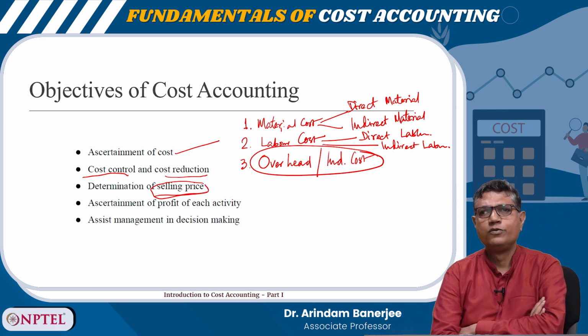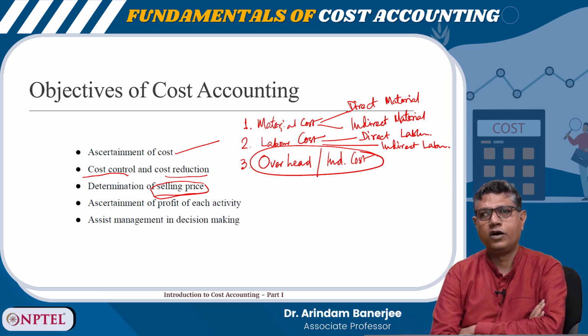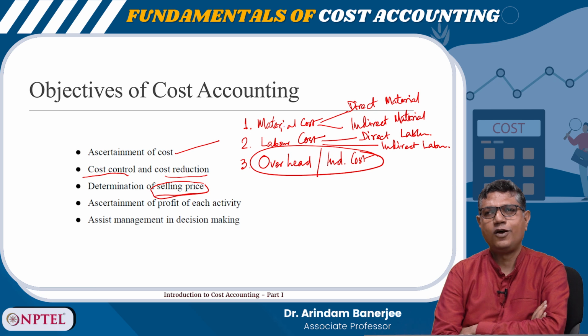Till now we were talking about product wise costing, but we can also calculate the cost activity wise. So, how much cost the company is incurring for each activity and how much profit.